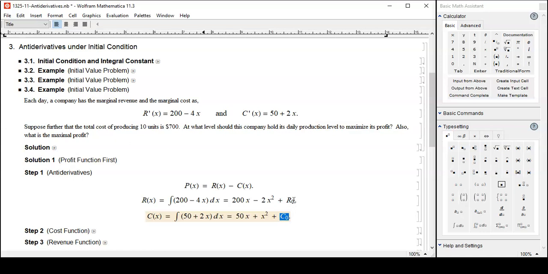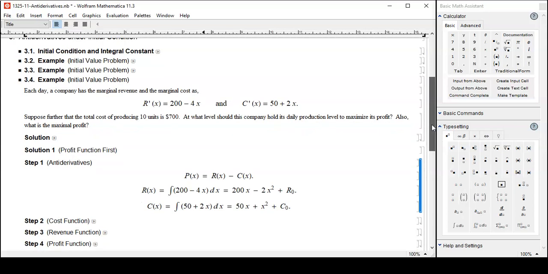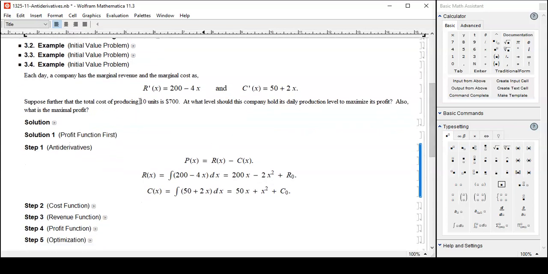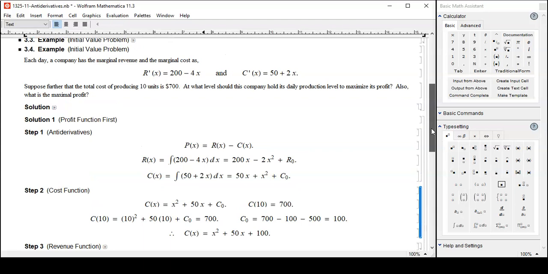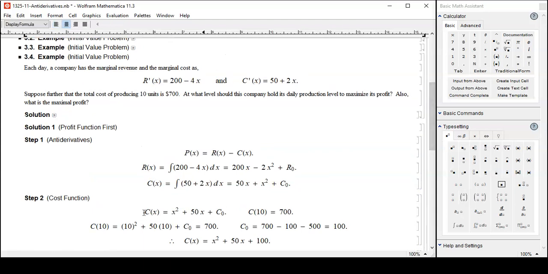Okay, now let's find out r0 and c0 values to get unique solutions of the revenue and cost functions. Cost function is explicit. Cost for producing 10 units is 700. So antiderivative, which I calculated before, and then plug in 700.